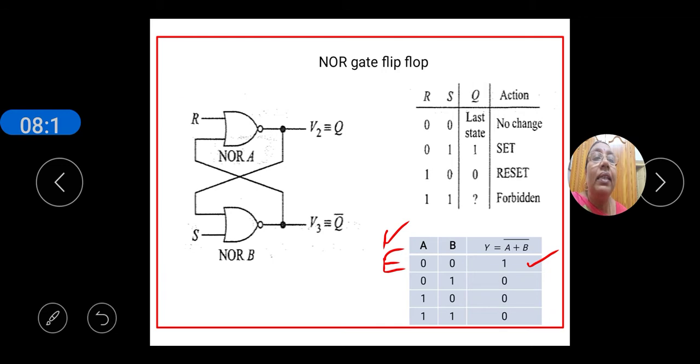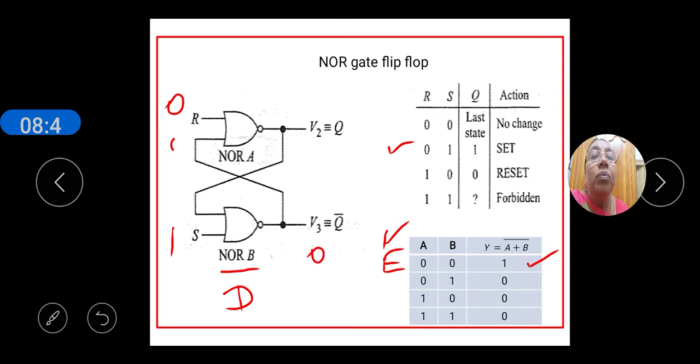Next, consider the next state. Next state is R is equal to 0 and S is equal to 1. Now, since one of the inputs of NOR B is 1, NOR B is disabled. So output of NOR B, Q bar, is equal to 0.